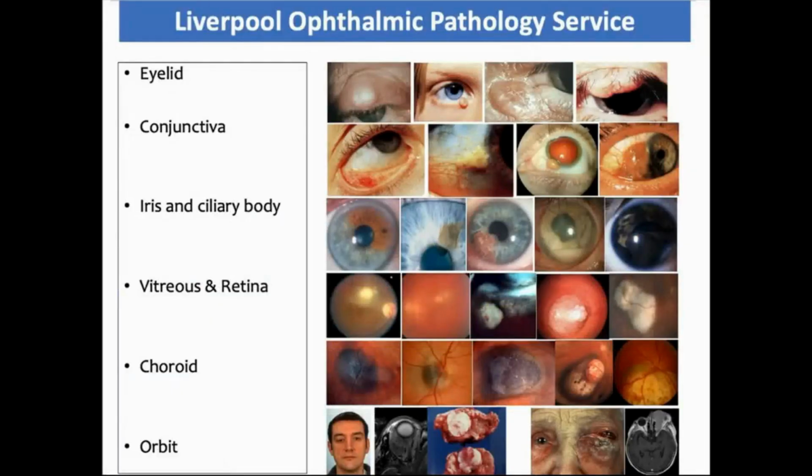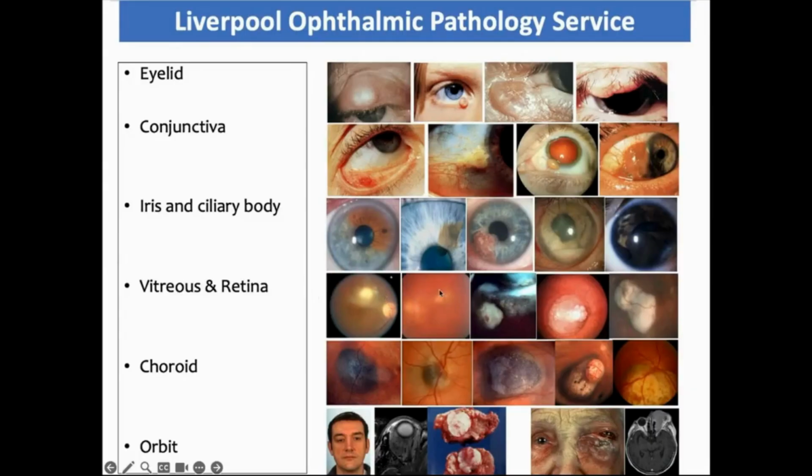So when we say ophthalmic pathology, we're essentially speaking about anything in and around the eye, with perhaps the diameter of reading glasses or sunglasses. This would include lesions of the eyelid, the conjunctiva, then intraocular lesions involving the iris, the ciliary body, and the choroid, which represent the uveal tract, the middle layer of the eye.